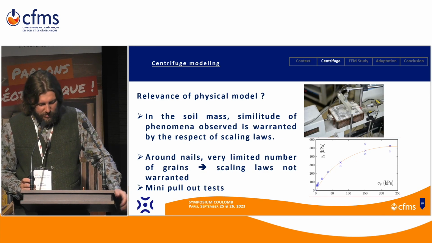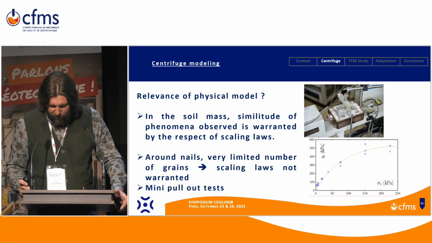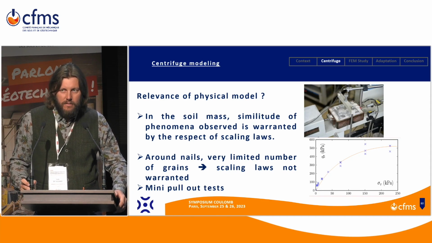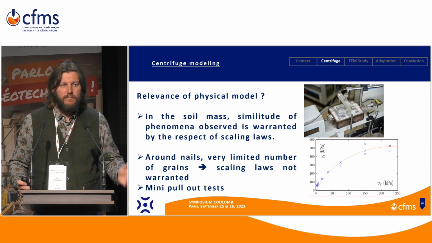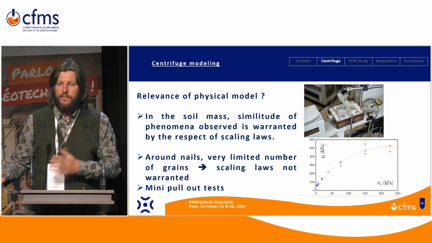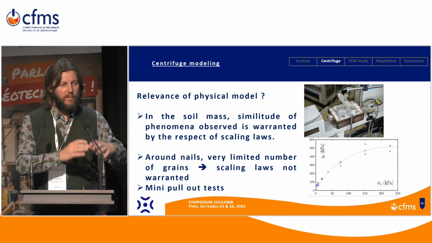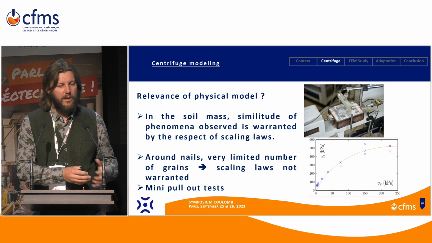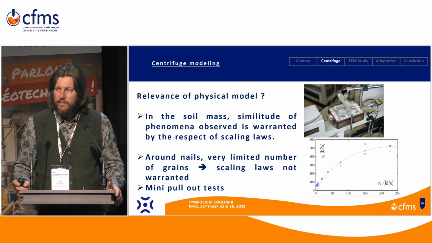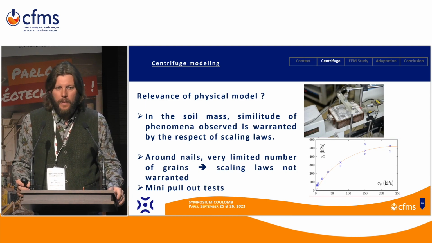Another question we had regarding the relevance of our model was the similitude of behavior between the reduced scale model and the real one. As for the soil, I will talk about it later, and as soon as you respect the scaling laws, you don't have any problem.